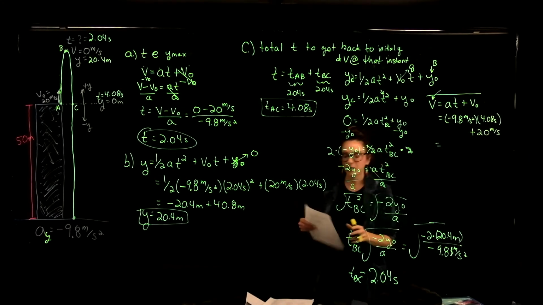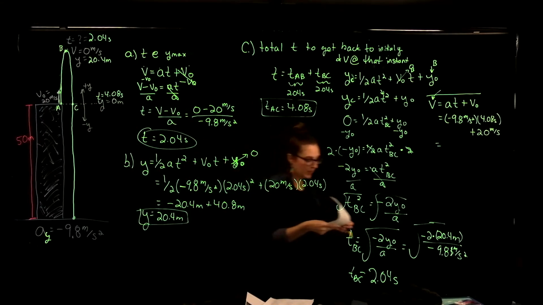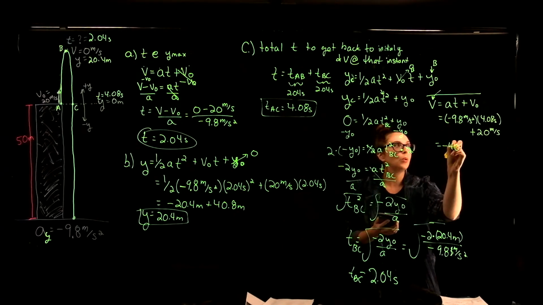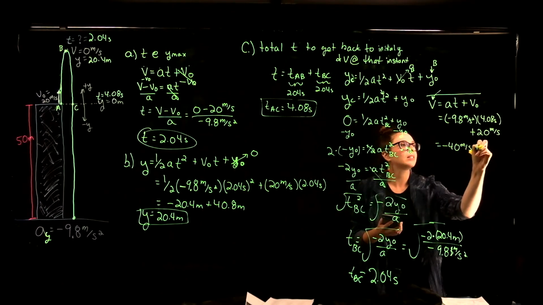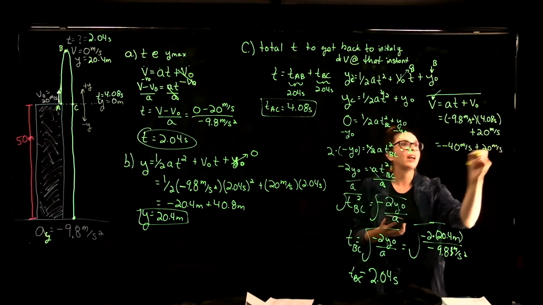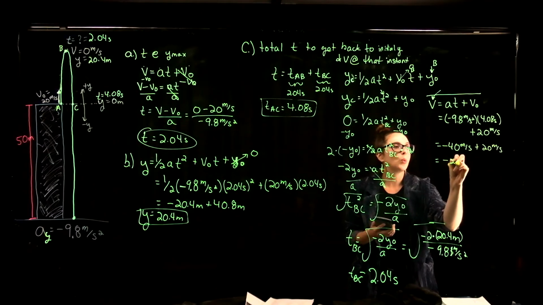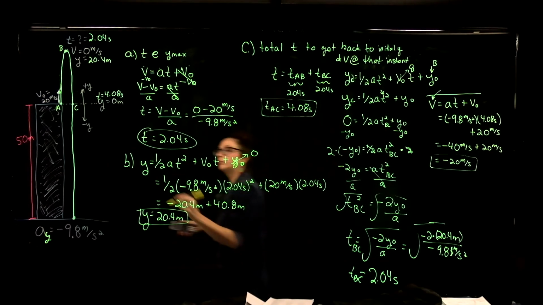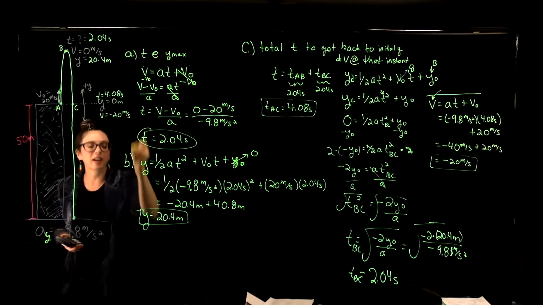So our velocity when we pass through point C is going to be minus 40 meters per second, plus our 20 meters per second. So the velocity when it's moving through point C is minus 20 meters per second. V is equal to minus 20 meters per second.